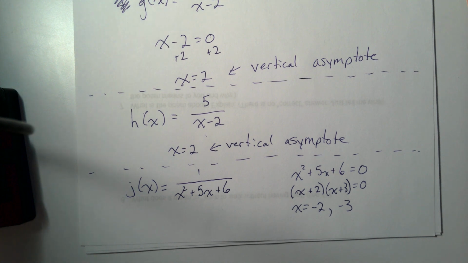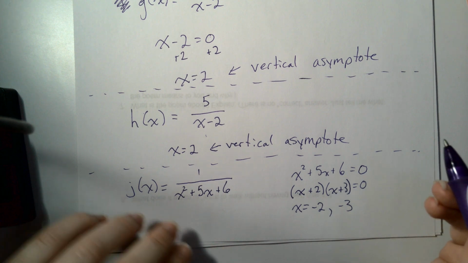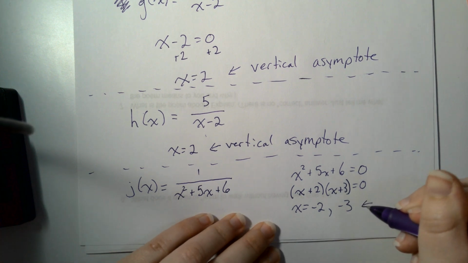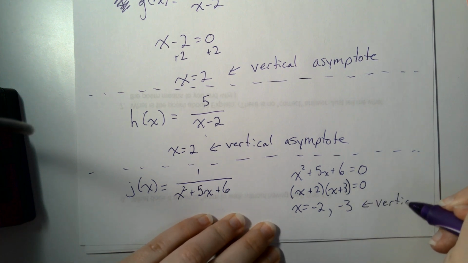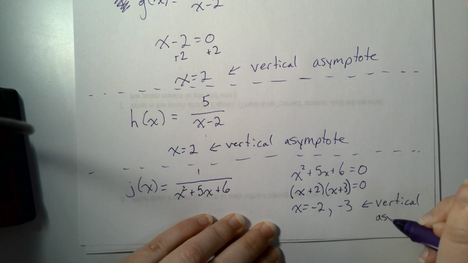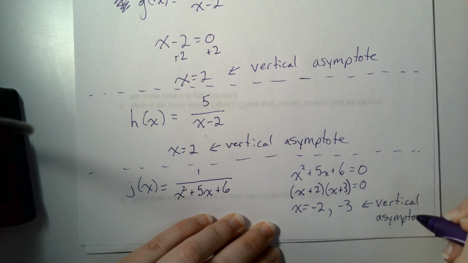Now that tells us that our vertical asymptotes are negative 2 and negative 3. So it is possible to have multiple.